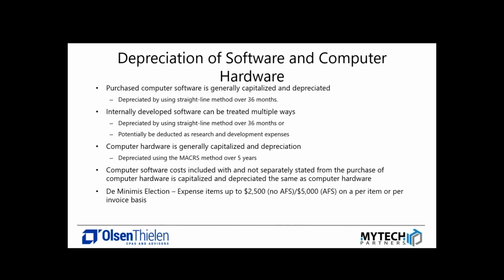So keep in mind that the IRS allows you to go up to $2,500 per item if you do not have an applicable financial statement, which is an audited financial statement. Or if you do have an applicable financial statement, you can go all the way up to $5,000 per item or per invoice basis and expense it and not have to capitalize it.